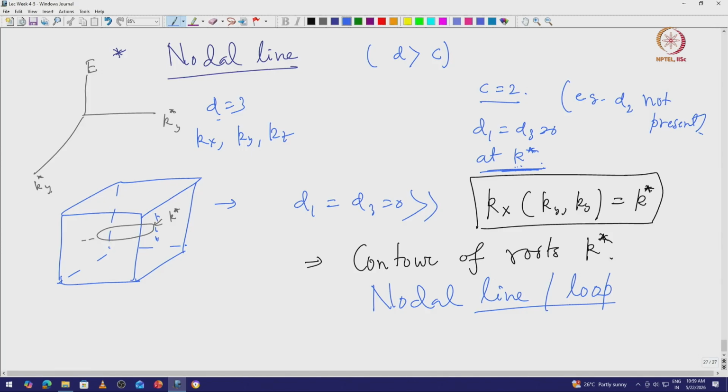But if I assume them to be along the high symmetry line, so it will be along some kz equal to 0, then this will be kx and ky, and then I can remove this.